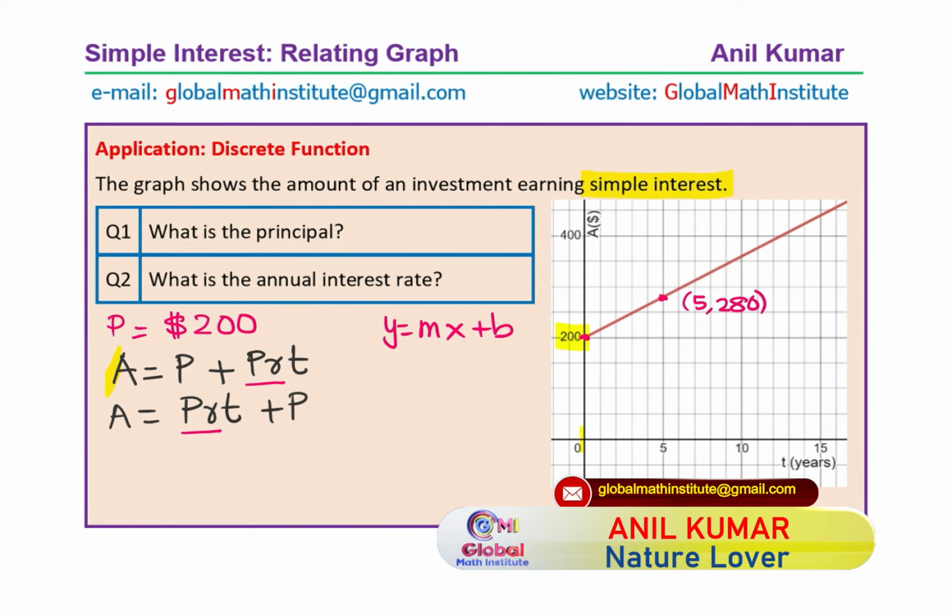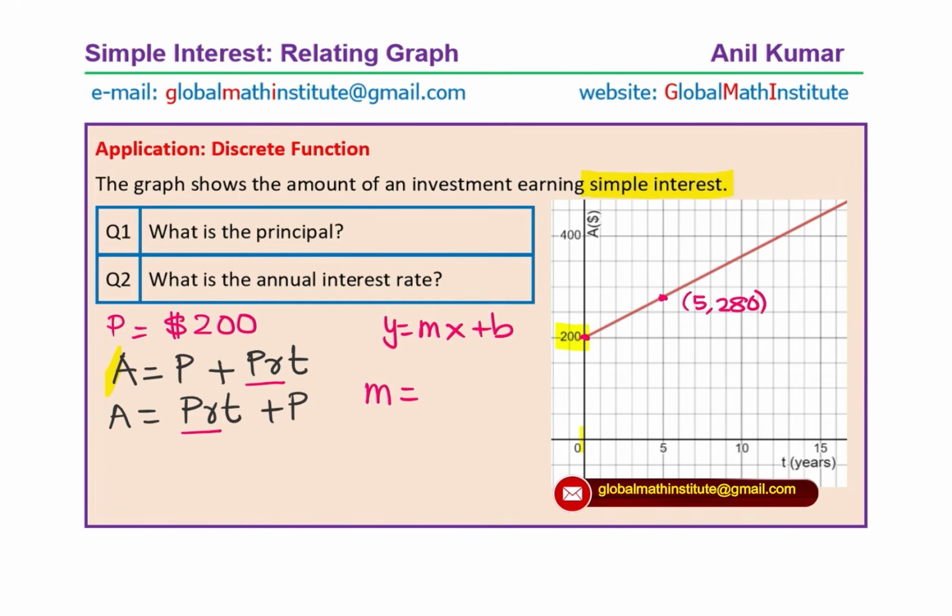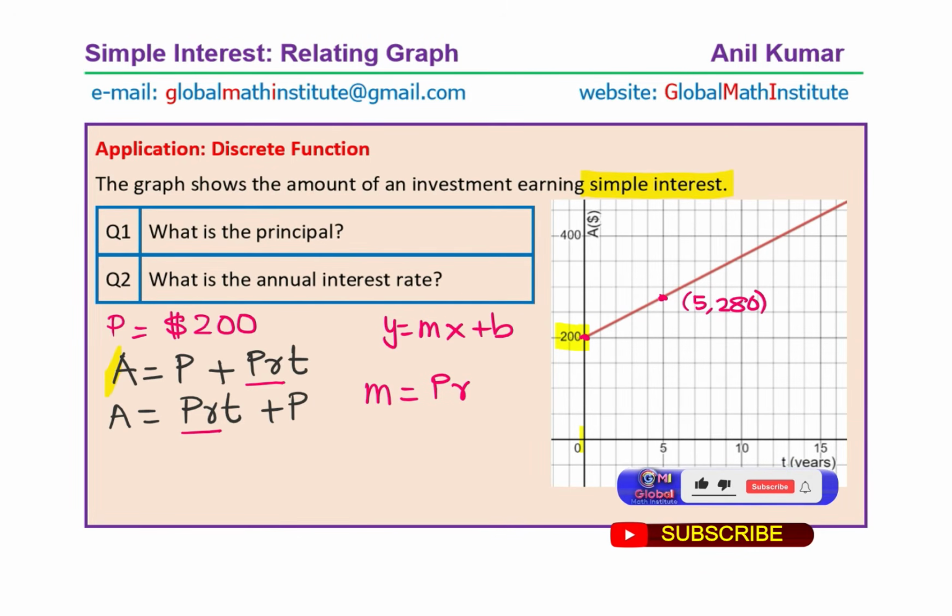So basically we can say that m is equal to P times R. Since we know P, if we find m, we can find R. Makes sense? So you can now pause the video and find the interest rate.